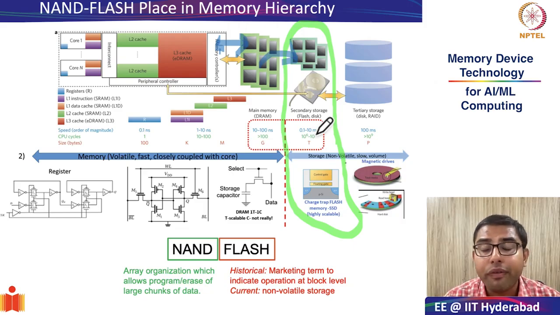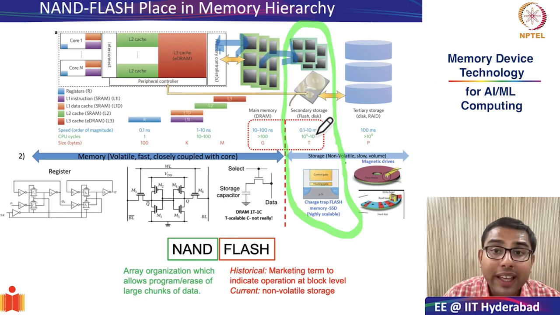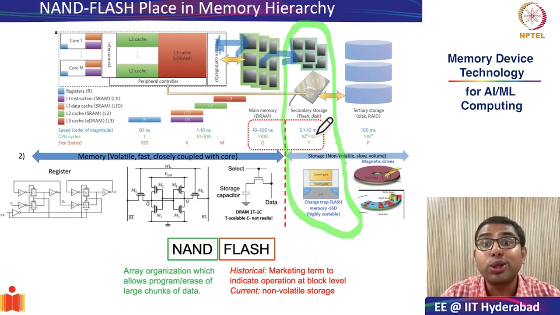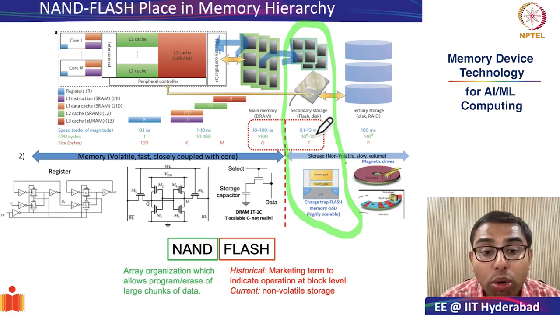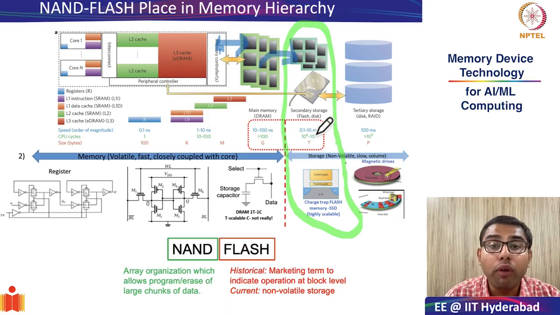There has to be a lot of effort and intelligence put into the design of the array subsystem and also the peripheral architecture. Then only will you be able to fulfill the requirements that are needed from that particular memory or storage element. And this is exactly what the term NAND here indicates. It's a way to organize these flash cells in ways which allow the program and erase of large chunks of data.